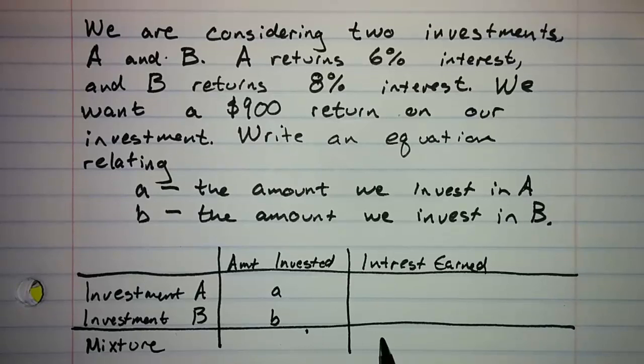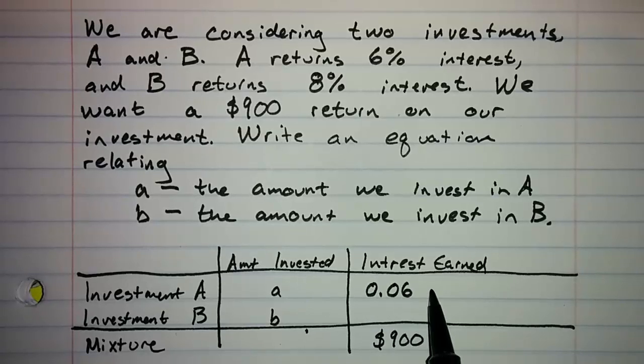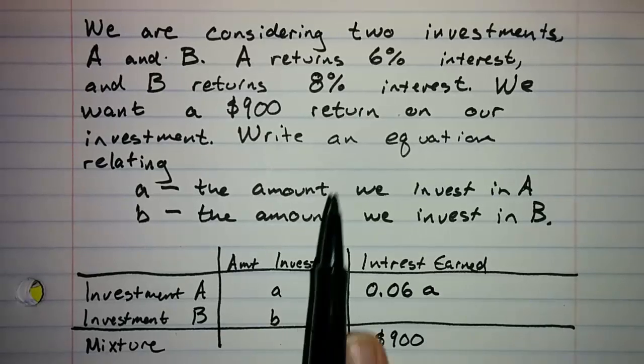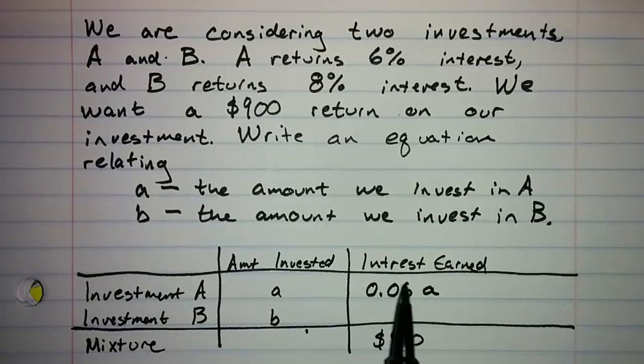The interest we earn on the mixture we want to have be $900. Well, the interest that we earn on the mixture will be the interest that we earn on the first investment plus the interest we earn on the second investment, right? A returns 6%. What's 6% of A? That's just 0.06 times A. Remember, to write a percent as a decimal, we just divide it by 100.